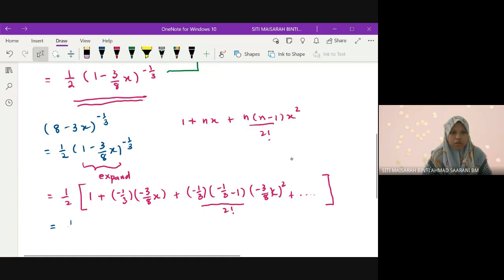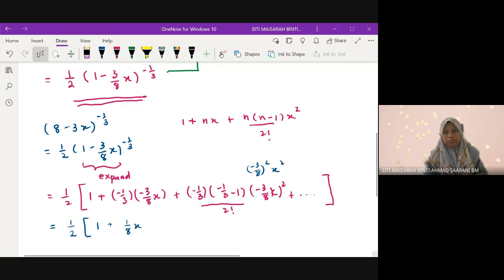So this one is 1/2 multiply 1. Yang ni kira lah. So jadi kat sini akan jadi plus 1/8 x. Yang ni pun kira negatif 1/3 darab negatif 1/3 tolak 1. Yang ni awak kena buka. Ya, yang ni dia akan jadi negatif 3/8 square x square.